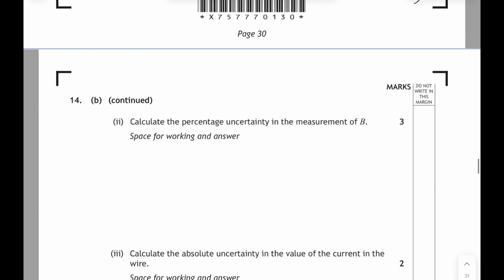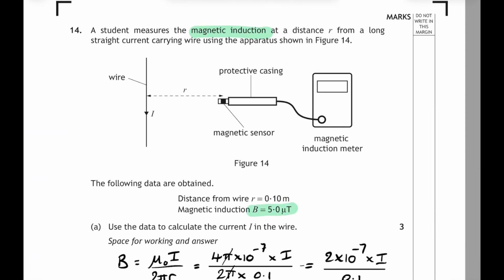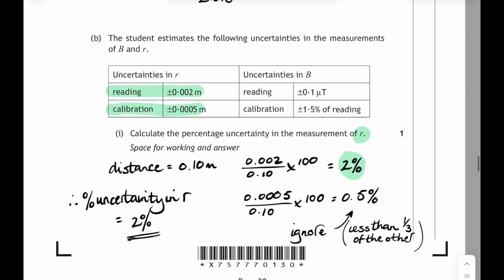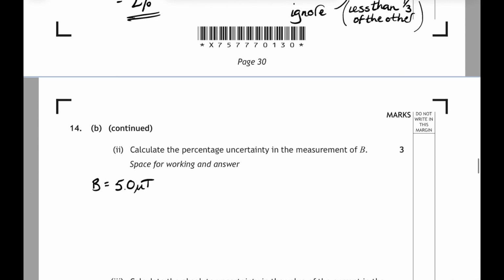In B part 2, what's the percentage uncertainty in the measurement of B? Now our measurement of the magnetic induction was 5 microtesla. So let's jot that down again, and then do the same thing that we did in the previous part of the question.